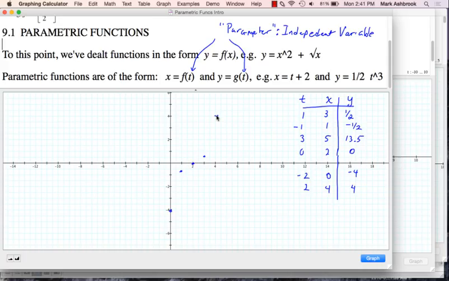So now we see maybe the set of all points kind of taking shape here. So this was for t equals -2, right? And this was t equals -1. t equals 0 is here. t equals 1. And t equals 2.